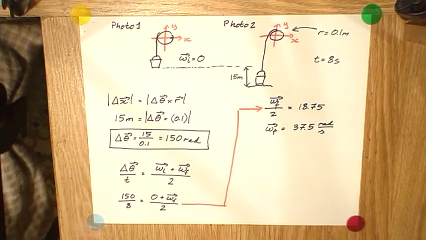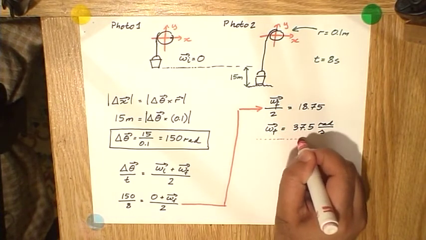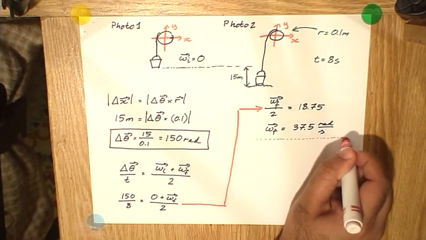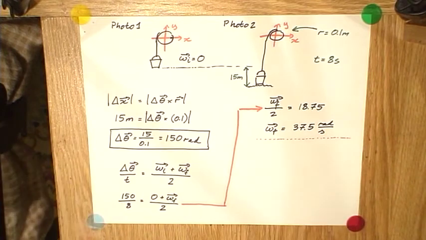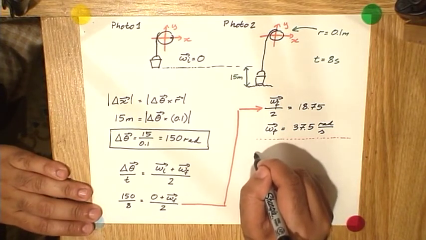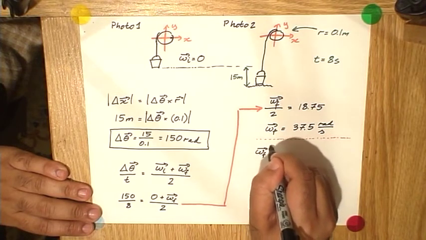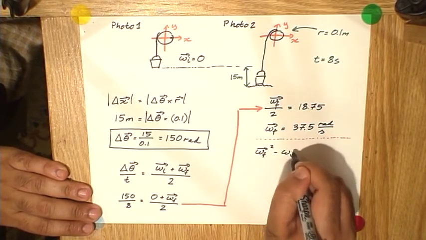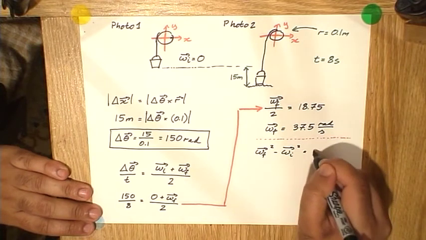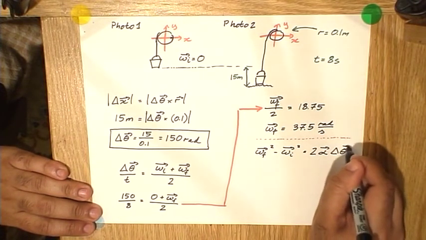Now the other thing that we were being asked to find was the angular acceleration of the wheel. Since we have not yet seen the use of toolbox equation number 4, I'm going to use that over here. Toolbox equation number 4 says that omega final squared minus omega initial squared is equal to 2 times alpha times delta theta.